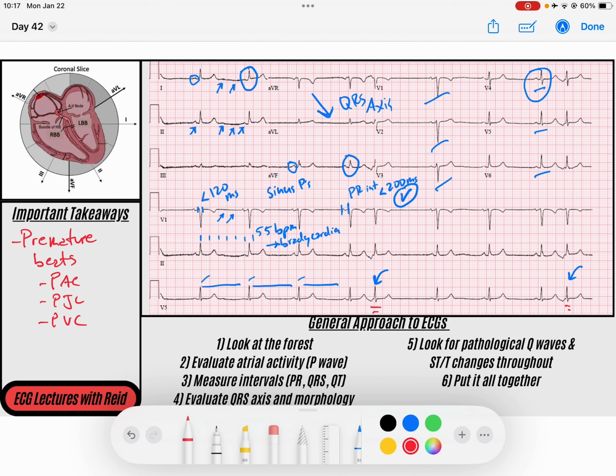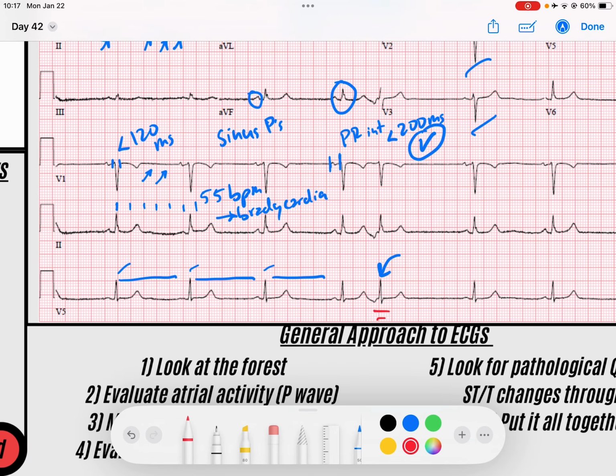Typically, premature atrial contractions have a P wave that is early. Let's take a look at this. The ventricular portion of the premature beat resembles the normal beat, which tells me the conduction is taking the same pathway as our normal QRS.